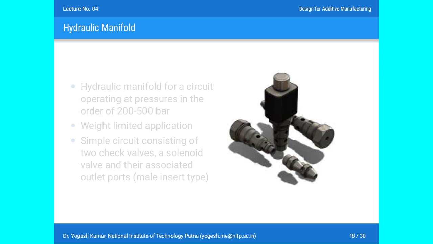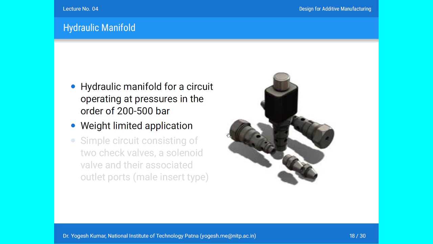There is a hydraulic manifold for a circuit operating at pressure. I am taking an example from one particular company, Renishaw, and the work done by them. This is a hydraulic manifold used for circuits operating at pressures in the order of 200 to 500 bar.